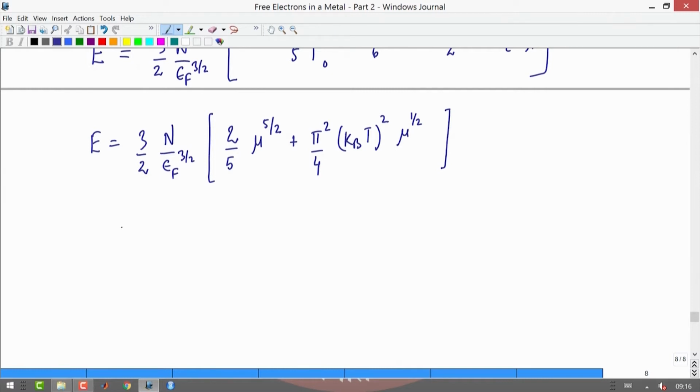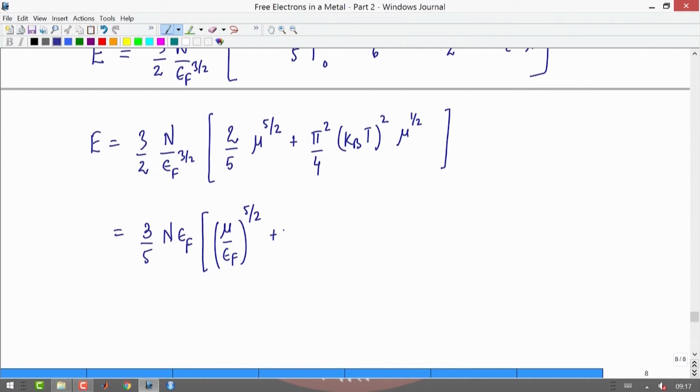Right. So, what I can do now is basically simplify this expression by pulling out a few factors. So, I am going to pull out a factor of 2 by 5, that makes my prefactor outside as 3 by 5 into n times the Fermi energy, and I will write the first term inside the bracket as mu over the Fermi energy to the power 5 halves, okay.